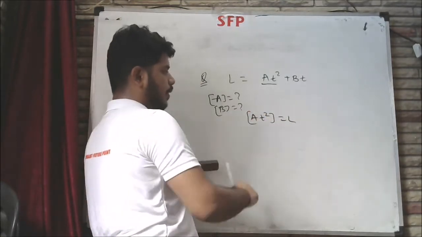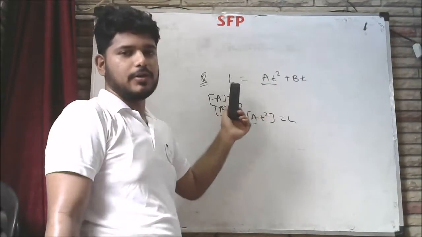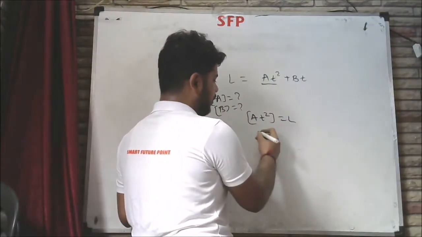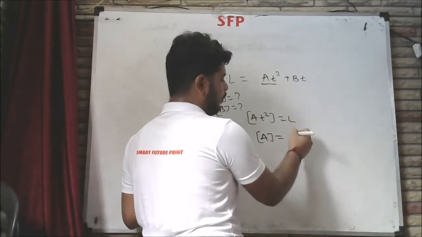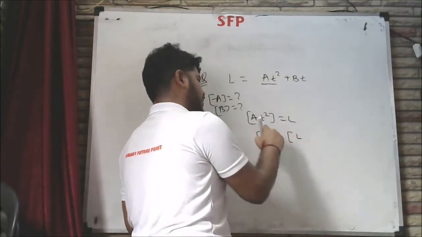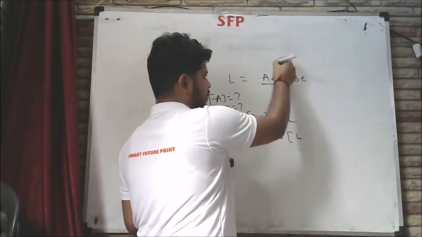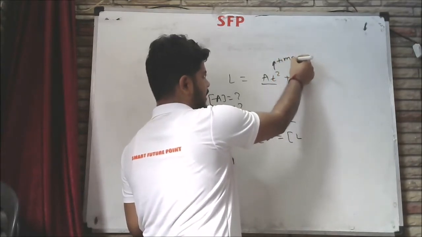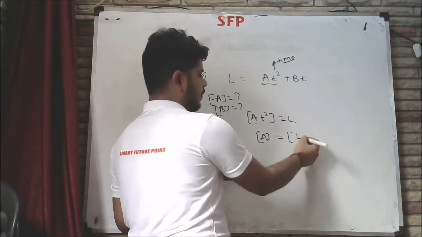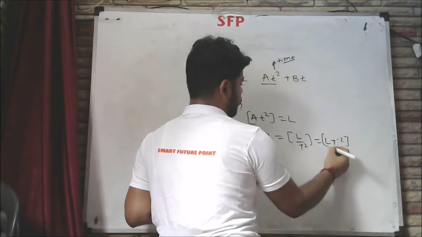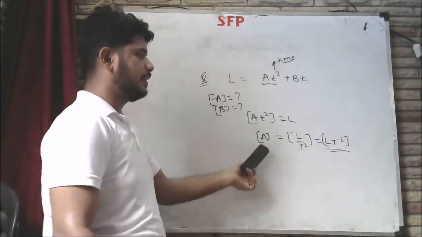Why? Because according to the principle of homogeneity, both have the same dimension. At square is L, so A will be L, and t square has the dimension of T square. Here T is representing time. So L by T square, this is LT minus 2. Fine, this is the dimension of A.